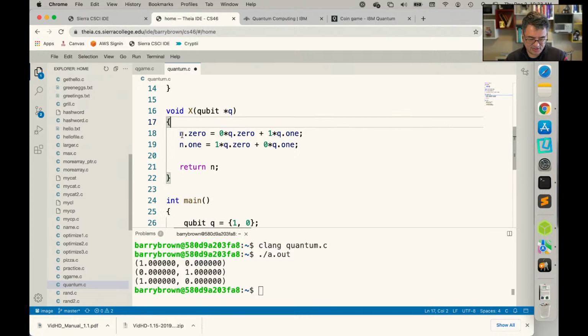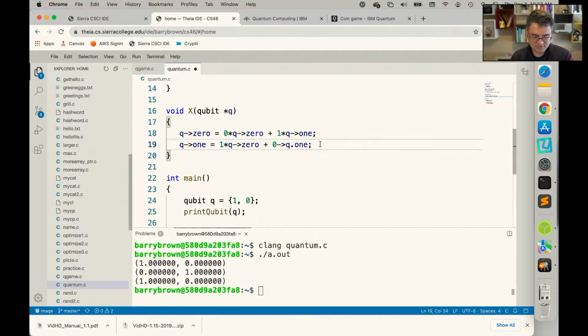We can just say Q pointer 0. And Q pointer 1. And then there's nothing to return. Okay, so now we're modifying the qubit itself.